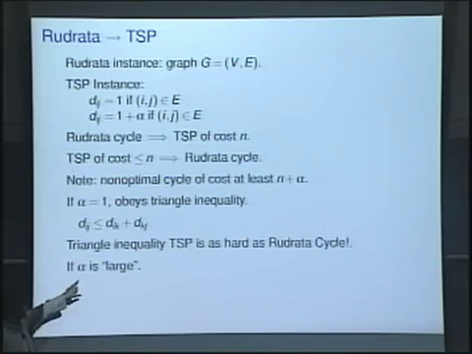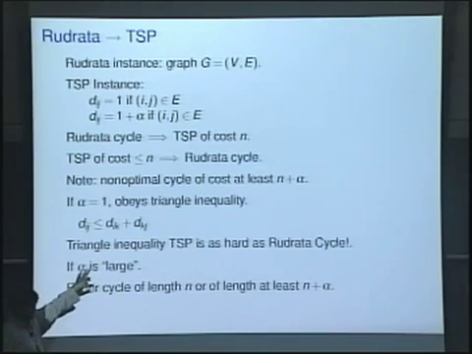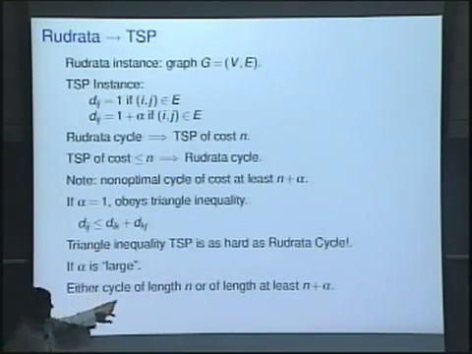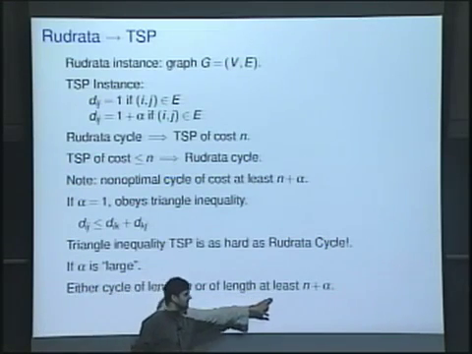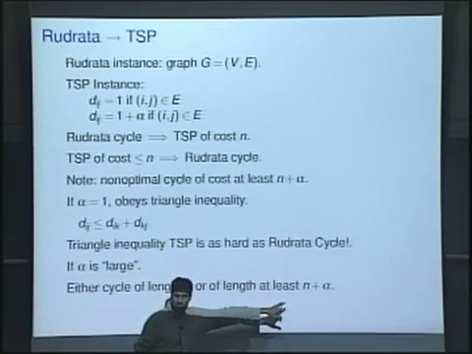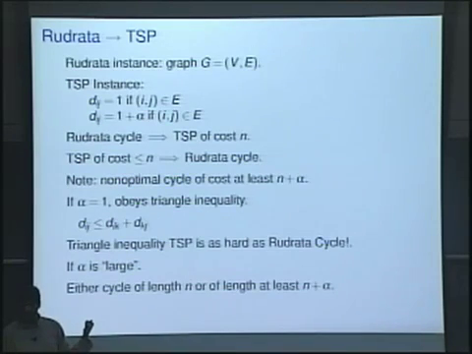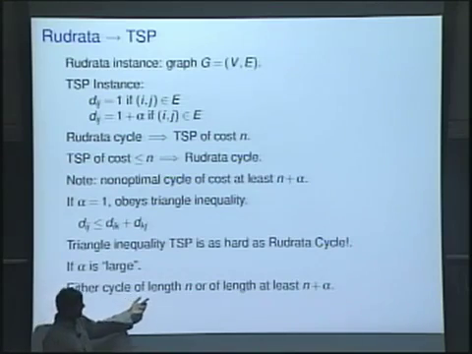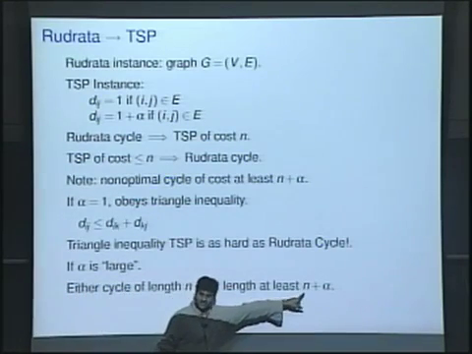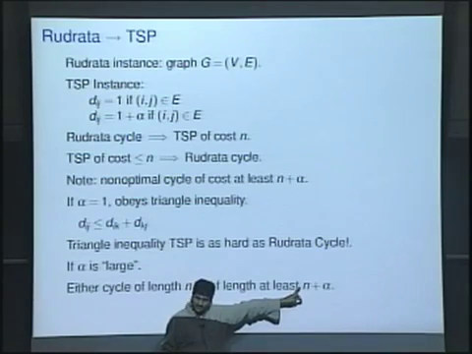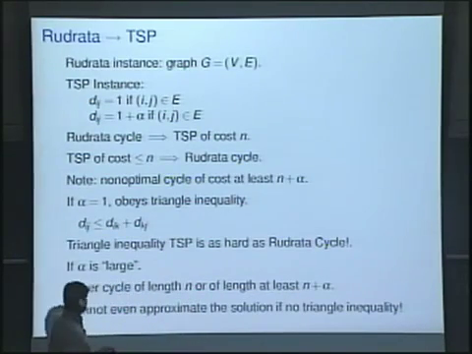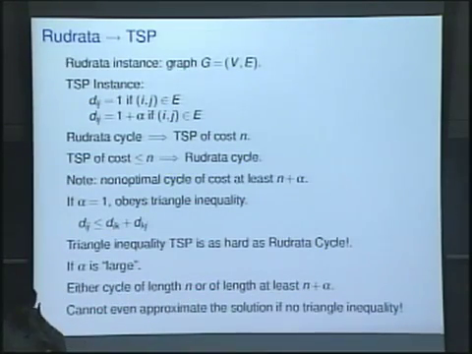On the other hand, if alpha is large, it doesn't obey the triangle inequality, but either there's a cycle of length n or a cycle of n plus alpha. Now I can choose alpha to be arbitrarily large: n squared, n cubed, anything for this reduction. What that says is that telling the difference between n and 1 million times n, I can't even do that. It's NP hard to even approximate the solution.